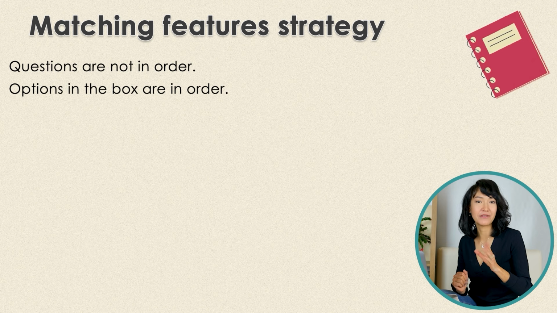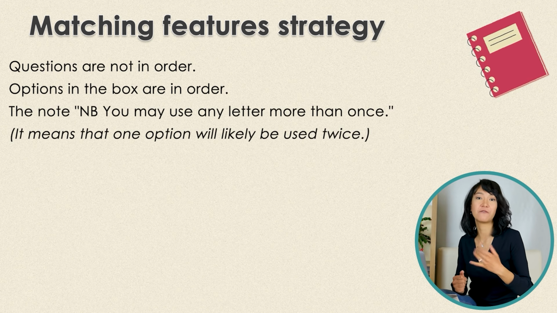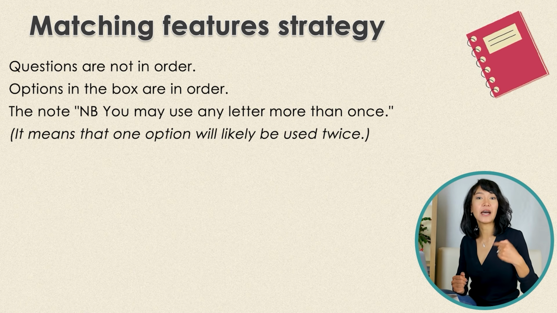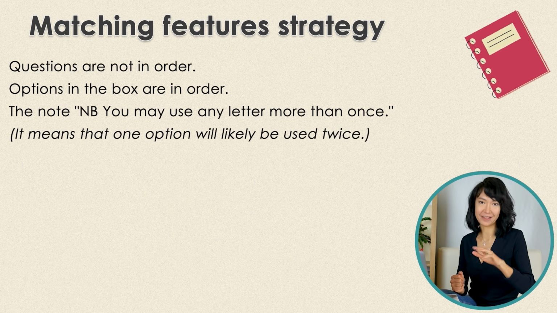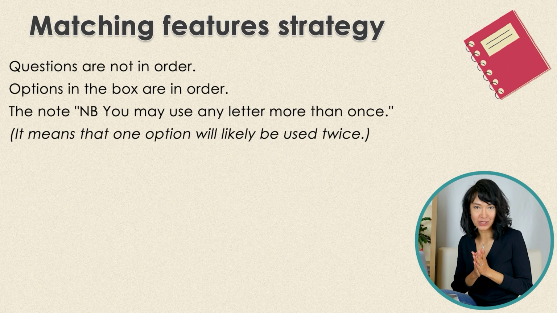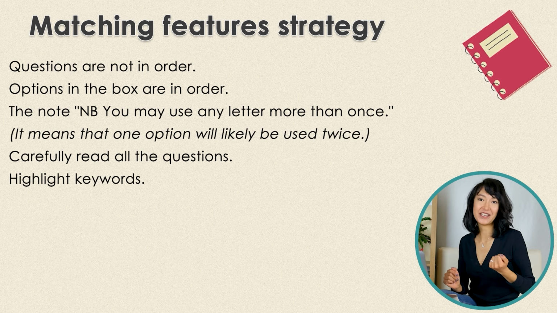You may read about the same researcher several times. So you definitely find Kutha first and Gao second. But then you may read about Kutha and Gao again before you get to Vanek. It still helps. To start, just like with matching information questions, carefully read all the questions and highlight keywords.